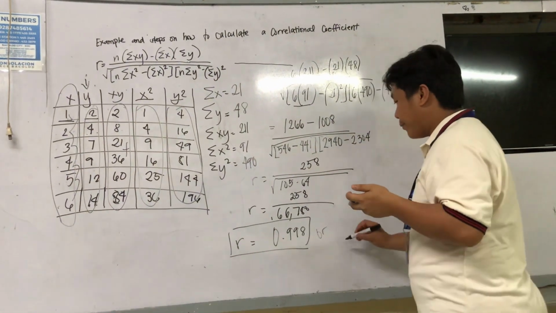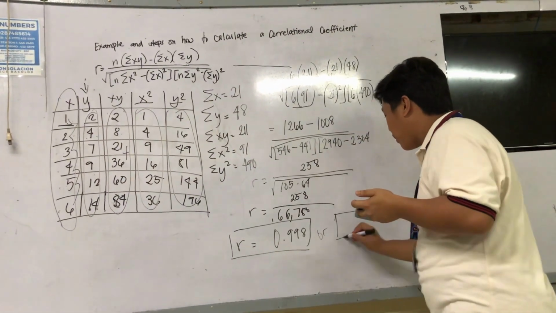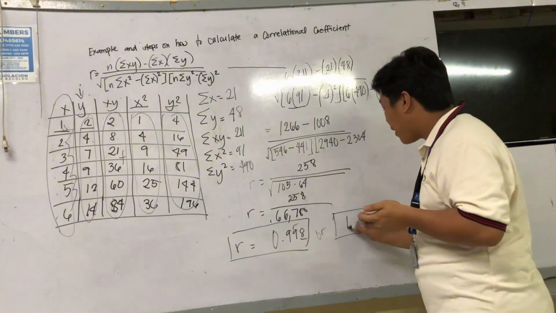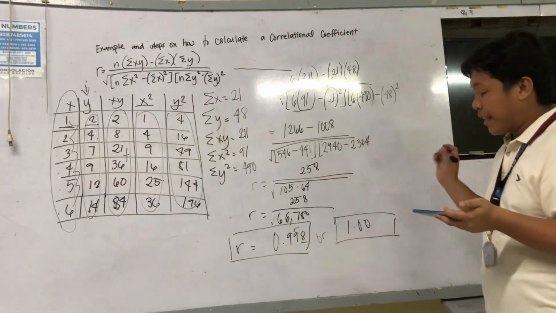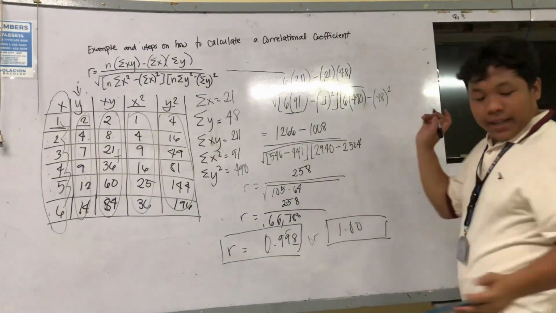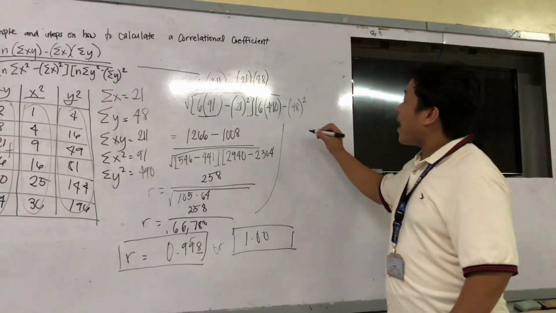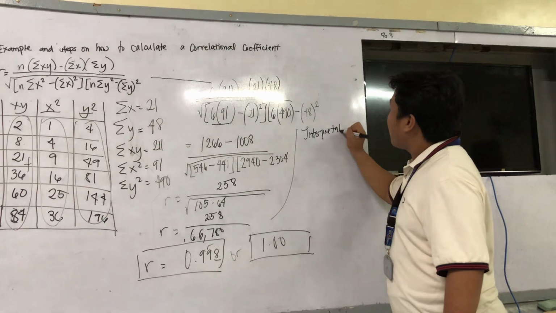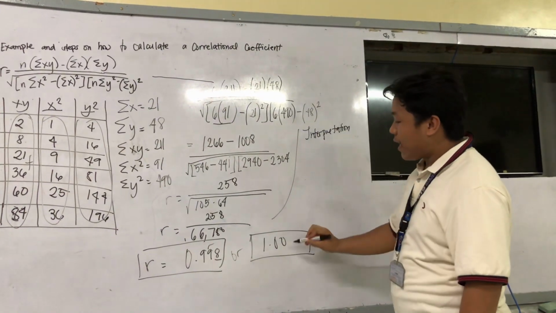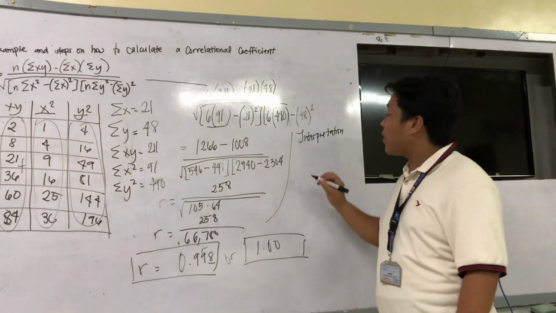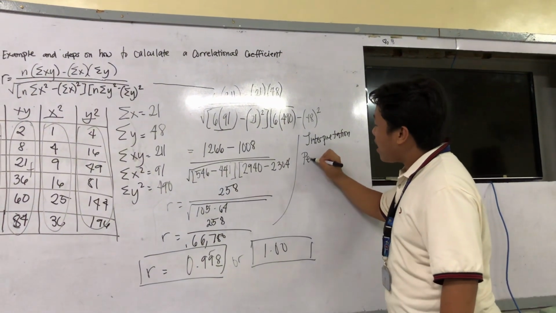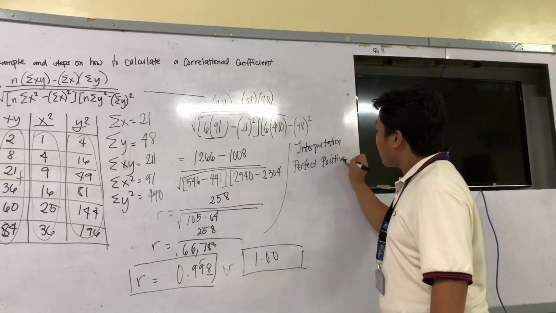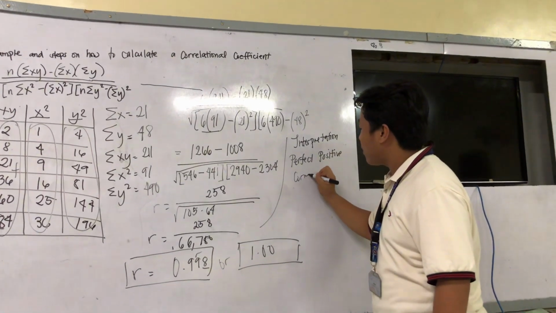You need to round this up and we get the exact number of 1.00. So we have the interpretation of the r, which is 1.00, a perfect positive correlation.